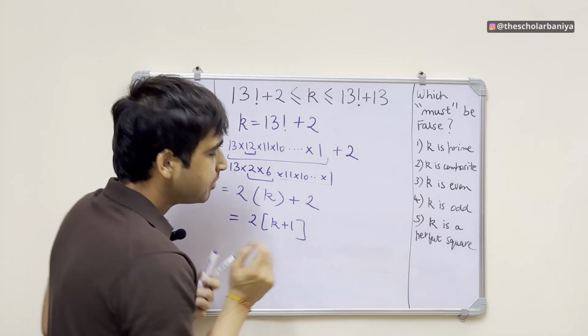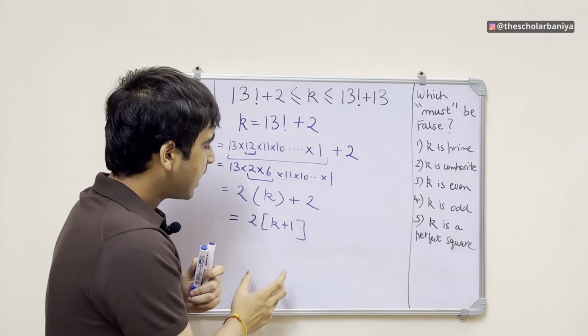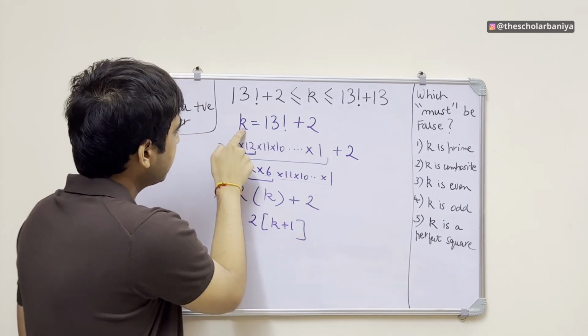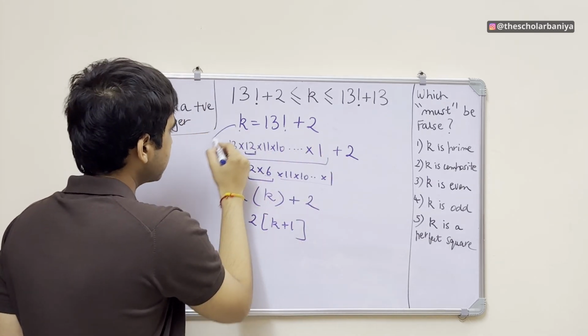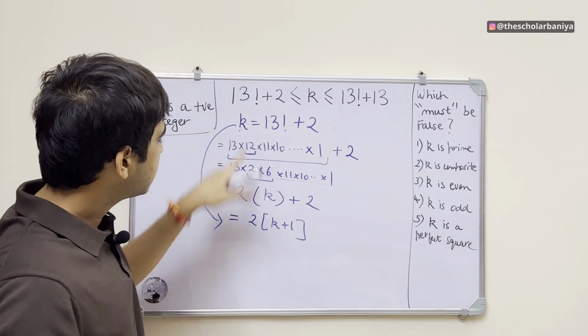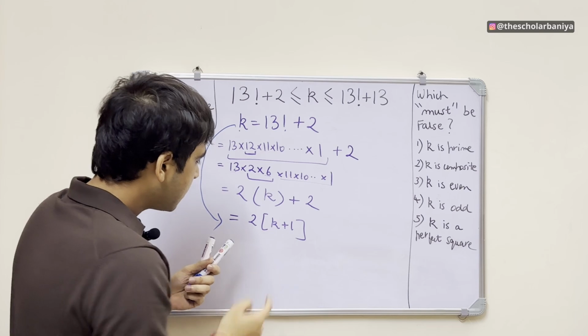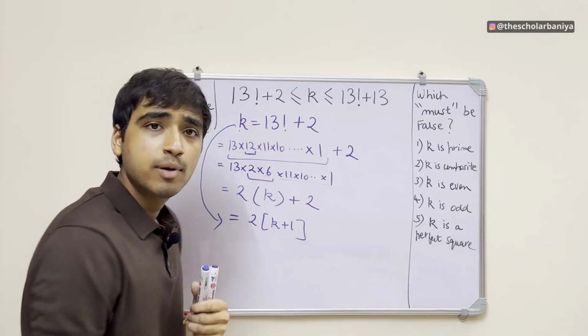So what does this mean? This means that the number 13 factorial plus 2 gets converted into this. So this number is a multiple of 2, because you can write this as 2 times p, where p is equal to k plus 1. So basically 2p is equal to this number, which means this number is a multiple of 2.